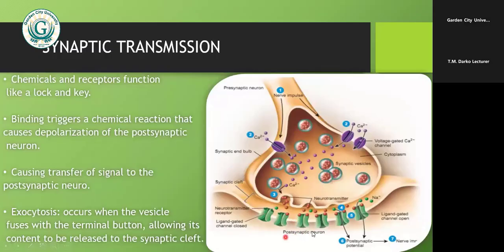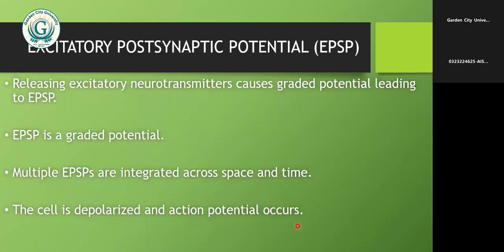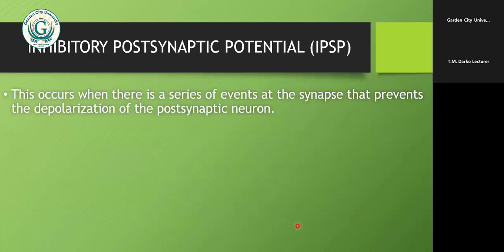So this is a postsynaptic neuron, and we have the receptors on top here. If it is an inhibitory one, it will bind to the inhibitory receptors. If it is an excitatory one, it will bind to the excitatory receptors. Does it make sense here? Yes. Very good. I've spoken about all these things.